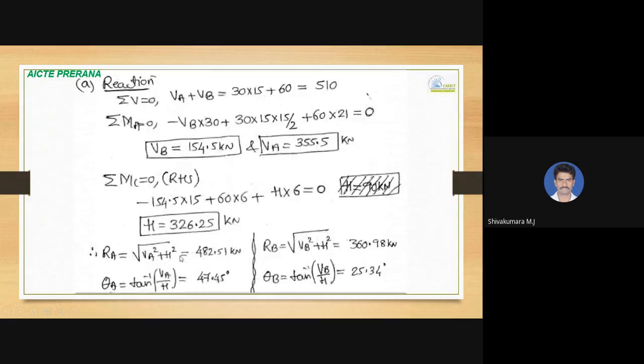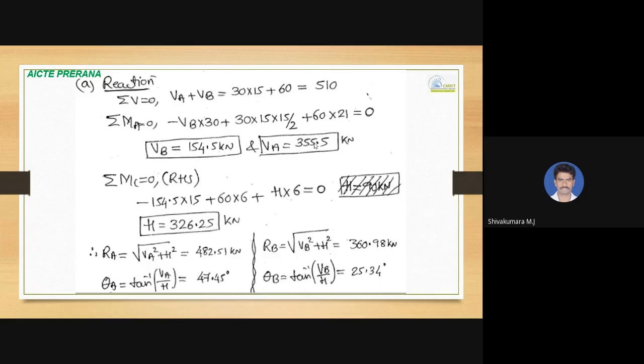That is what is written here. So with only one unknown, VB, we get 154.5 kilonewton. If you substitute this value in the equation, we get the VA value, that is 510 minus 154.5, which is 355.5 kilonewton. So we are done with finding the vertical support reactions.